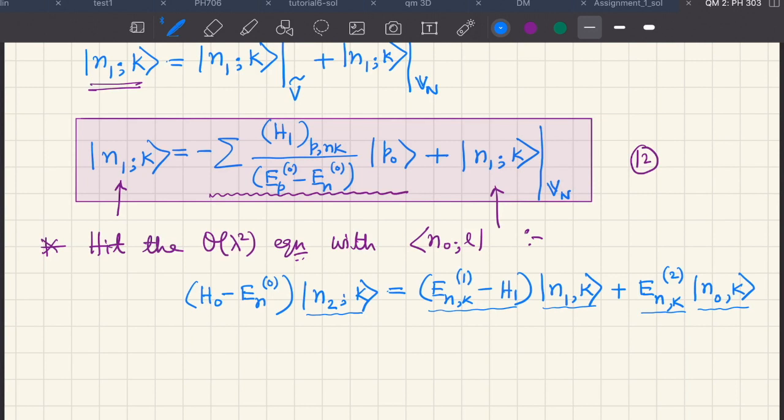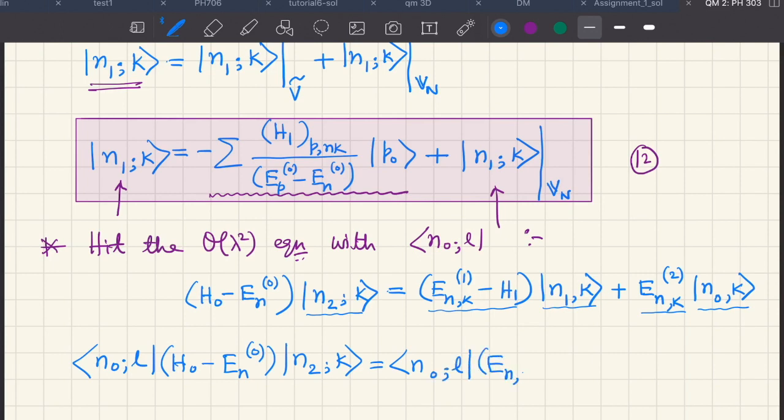And then, as I said, you hit this equation by bra n0L from the left. So do that. If you do this, we will have (H0 minus En0) |n2;k>, and then this is <n0;L|, then <n0;L| (E_n^(k,1) minus H1) |n1;k> plus <n0;L| E_n^(k,2) |n0;k>.